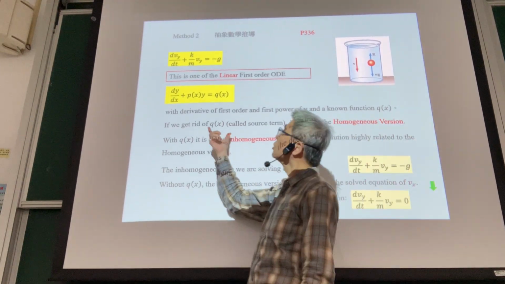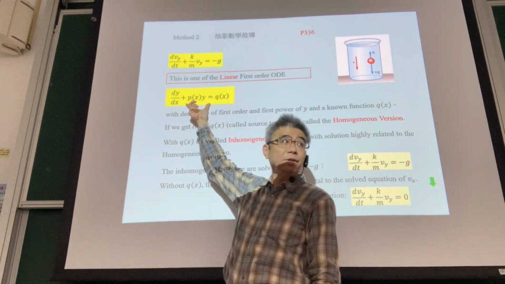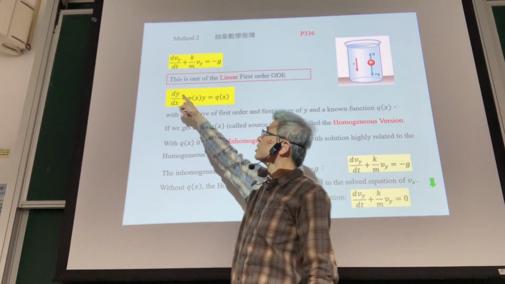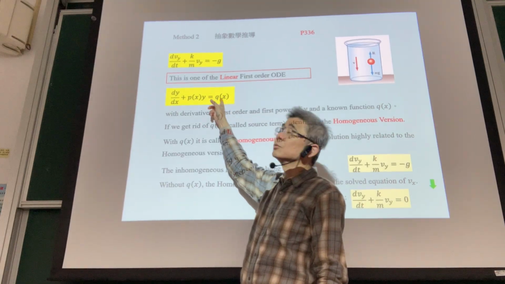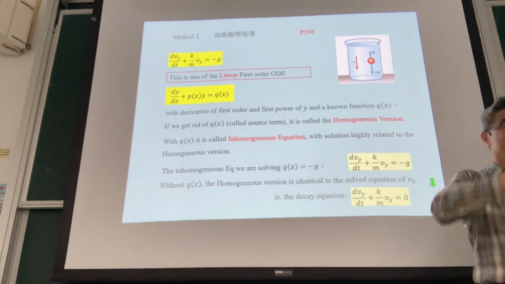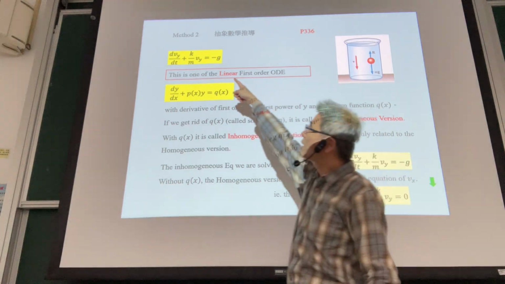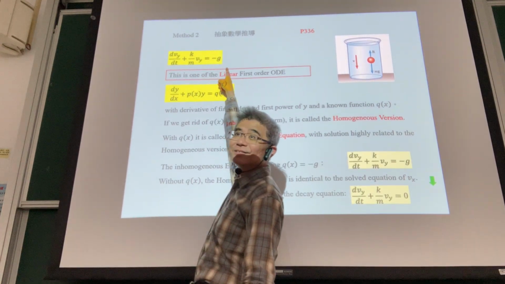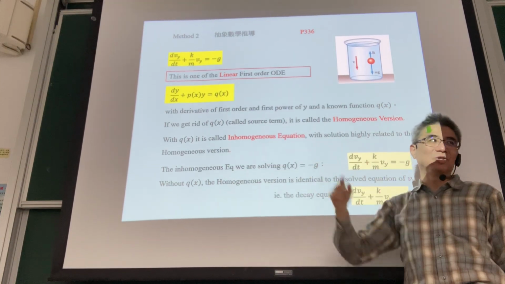Next week, I'm going to show you that with this kind of equation, we usually call it linear. And if the right-hand side, this is dy dx, this is y, then the right-hand side function, if this is equal to 0, we call it homogeneous. Okay, and that's the decay equation. But now, the equation we are going to solve next week has a minus g at the right-hand side. So then it is called inhomogeneous.